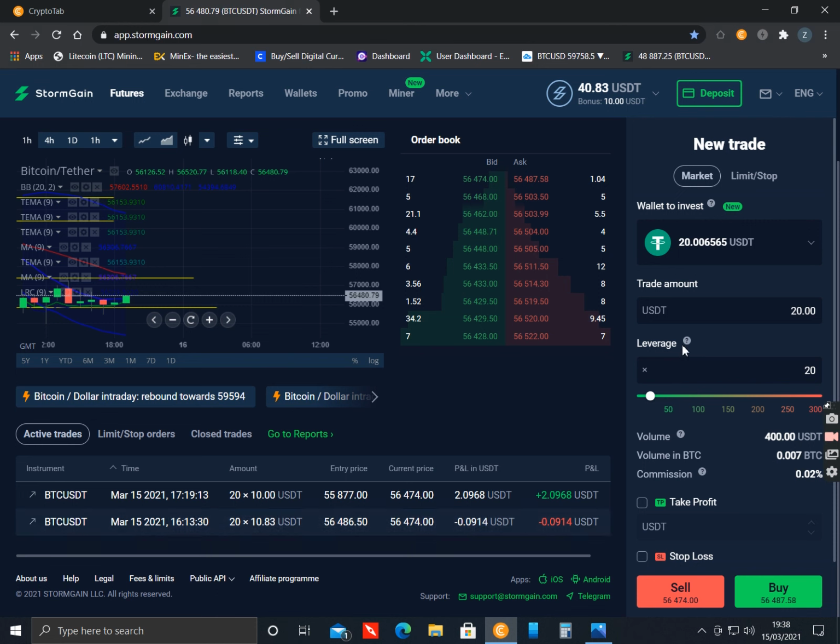or what I believe the leverage actually is, because I'm not 100% sure myself. It does tell you if you hover over it that it's used to calculate the trader's profit and commission, but from what I've heard, the higher the leverage, the more risk you take.